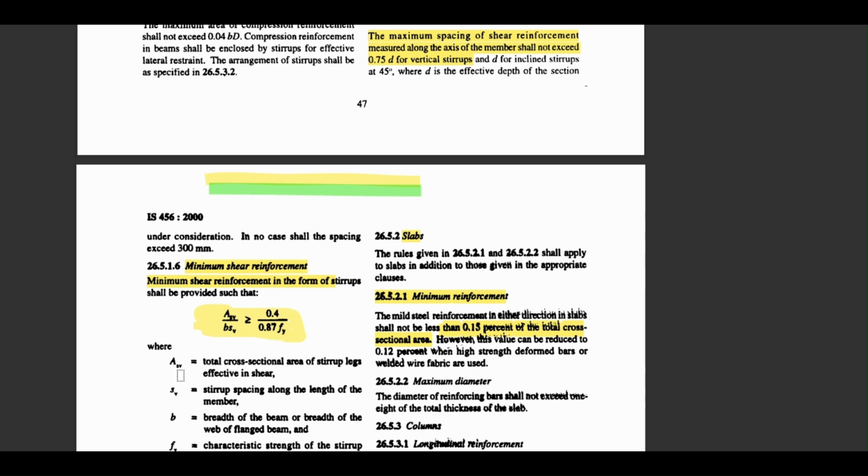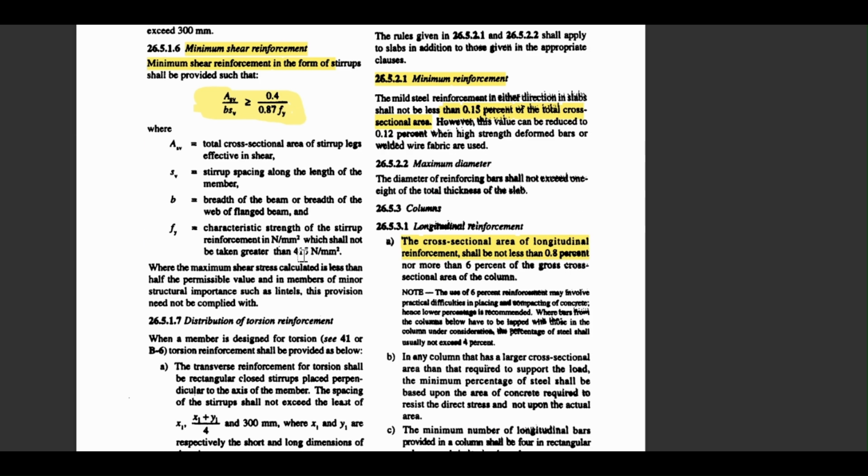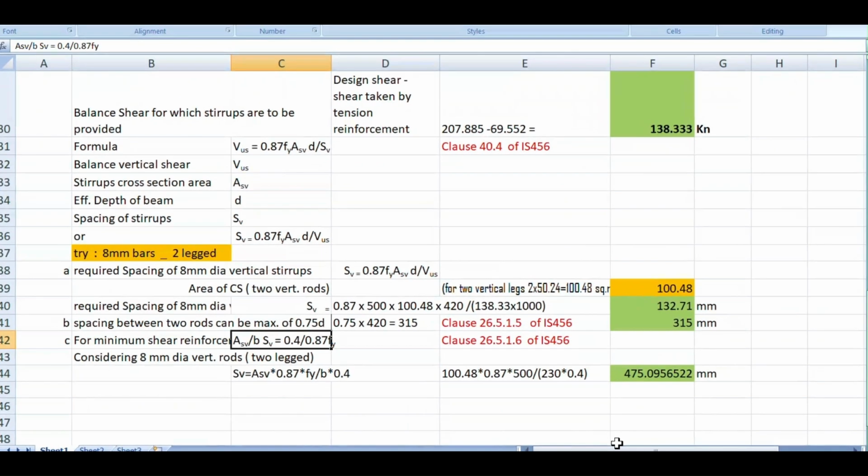Asv is the area of steel for vertical rods, Sv is the spacing of stirrups, b is the breadth of the beam, and Fy is the characteristic strength of steel, which in our case is Fe500. So we take it as 500. With this formula we find the minimum shear reinforcement to be provided in the beam.